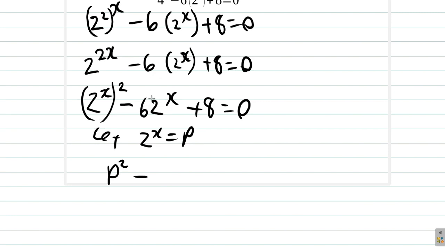Right, it is 6 times that. Okay, good. So you have 2 to the x, which is p, so p squared minus 6 times 2 to the x, which is p, plus 8 equals 0.